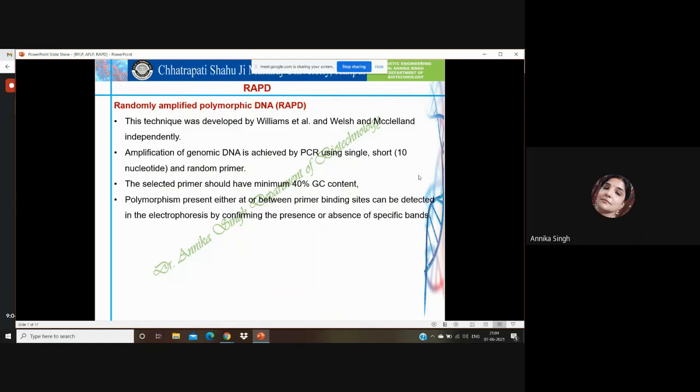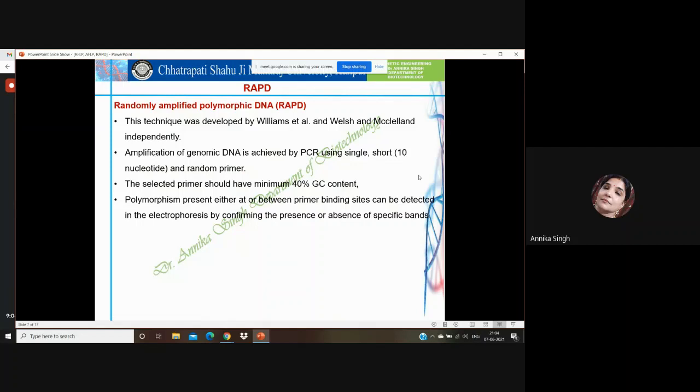In a general PCR reaction, two primers are used, one forward and one reverse, to amplify a particular DNA fragment. But here the primers are random and very short, that is 10 nucleotides in length. During PCR, amplification takes place when two hybridization sites are similar to each other and in opposite direction.